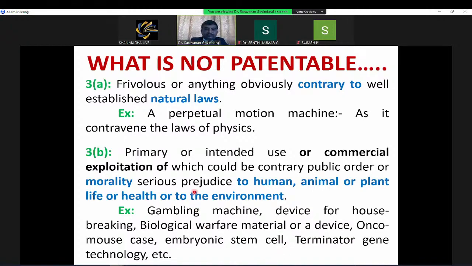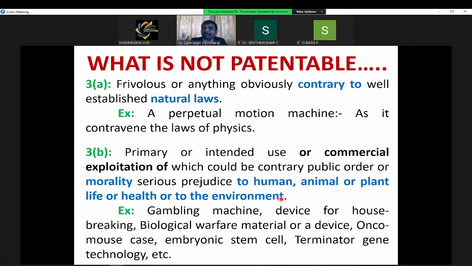And according to Section 3B, an invention should not be dangerous to human, animal or plant life or health, or to the environment. Anything which affects these natural things will not be granted a patent.